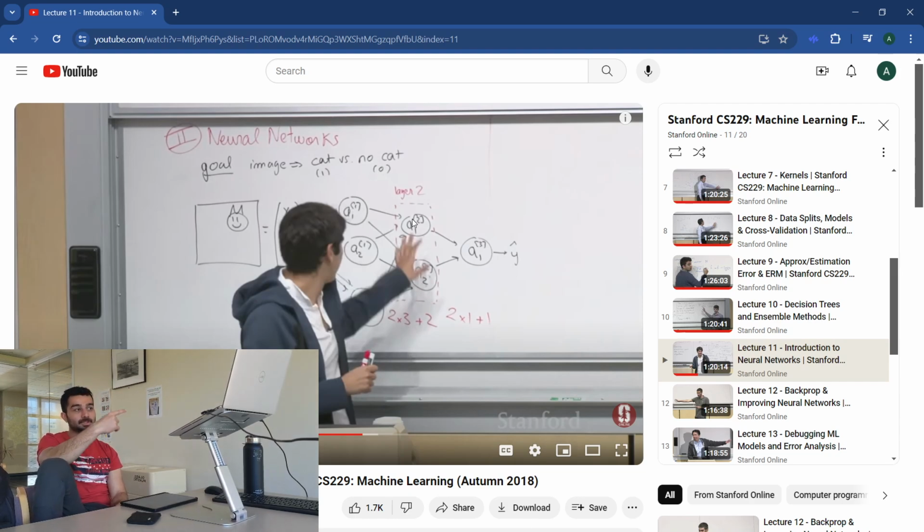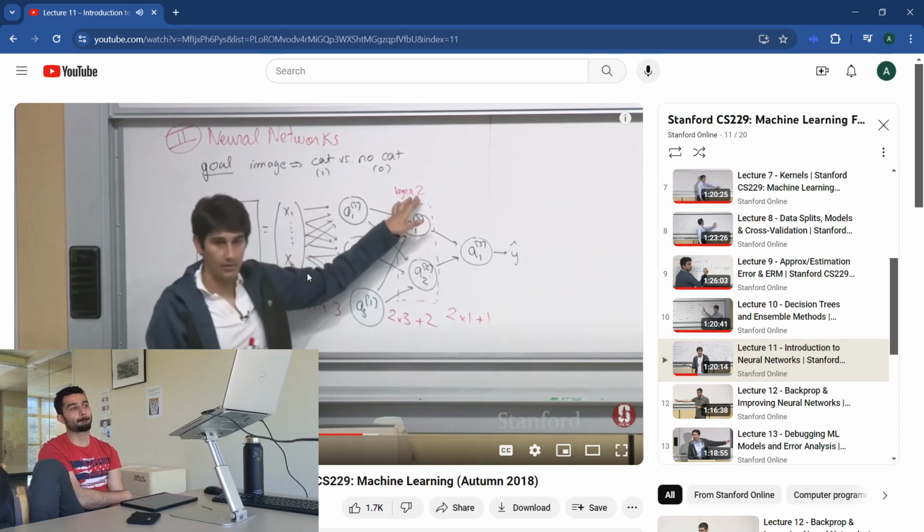And plus 2 because each node in the second layer needs a bias. And 2 times 1 plus 1 is because we have 2 nodes in the second layer and 1 node in the third layer, so it is 2 times 1, plus 1 bias.